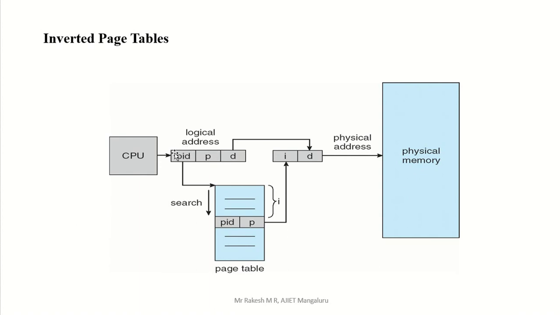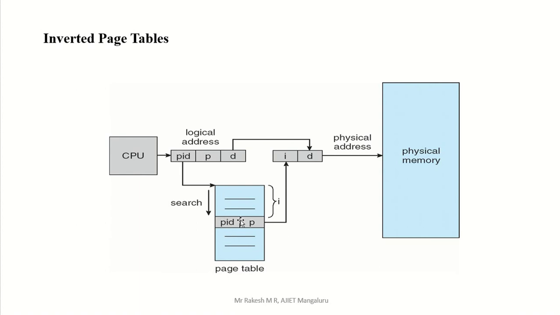That is why the process ID and page number, which are in the logical address, are sent to the page table. Inside the page table you have that entry, process ID and P. You have to search for your process ID and page number in the entire page table.